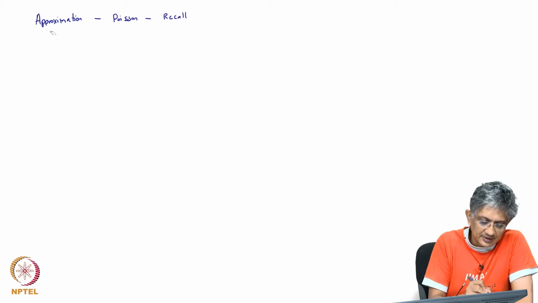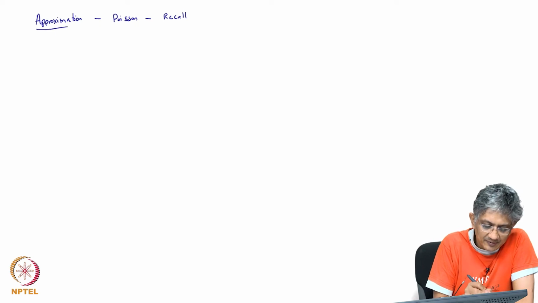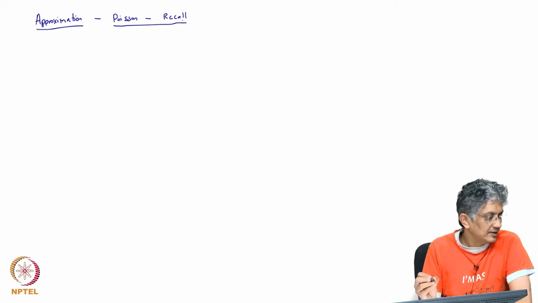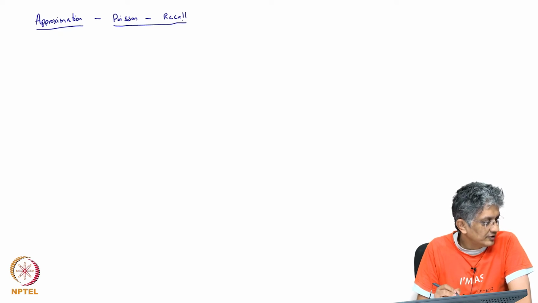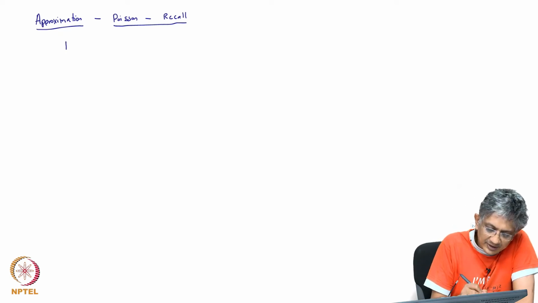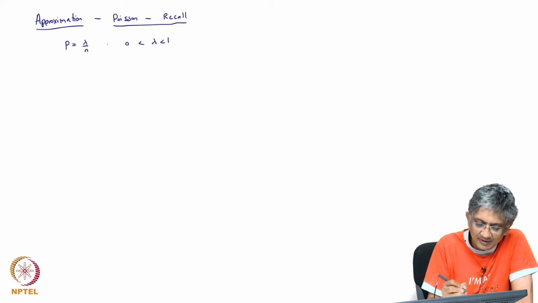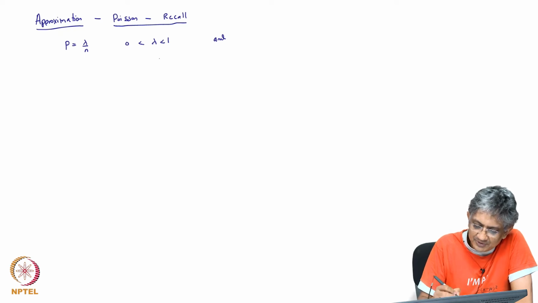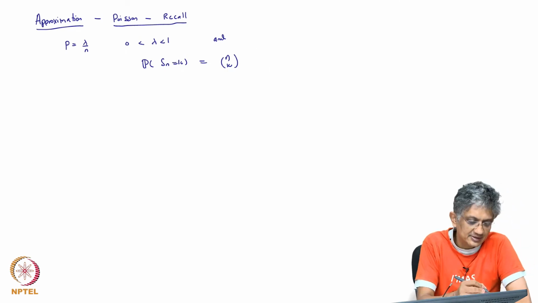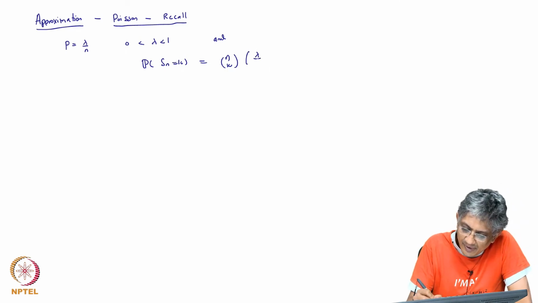Right. So let me erase it again. So here, what did we know? We know that if p was like lambda by n, where lambda is a fixed quantity, and we observed the chance that Sn equals k, which was again n choose k, p to the power k, now written as lambda by n, the whole to the power k, and 1 minus lambda by n, the whole to the power n minus k.